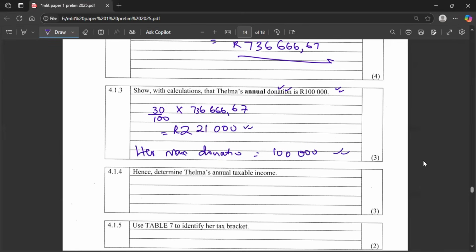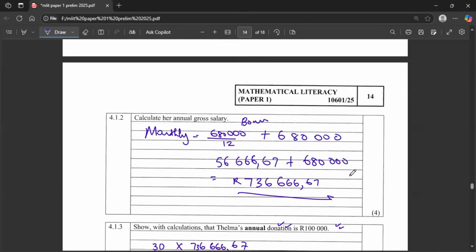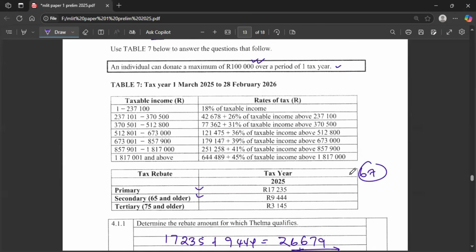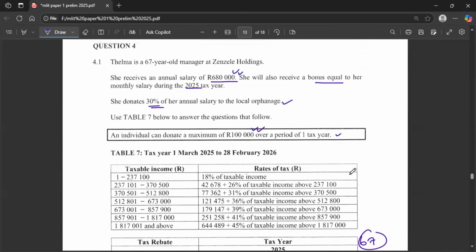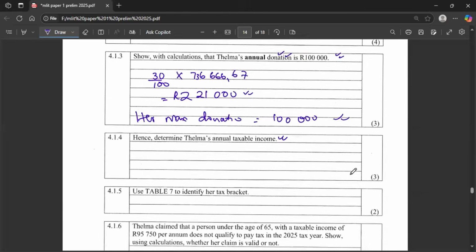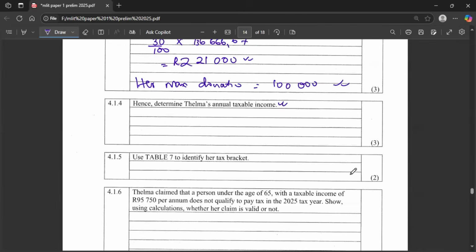Okay, then 4.1.4, determine her annual taxable income. So we know that the taxable income is basically the gross minus any deductions, okay? In this case, she's not contributing towards any UIF. We don't see any sort of talk about that. So what we can do, we can get our total annual salary of 736,666,67.